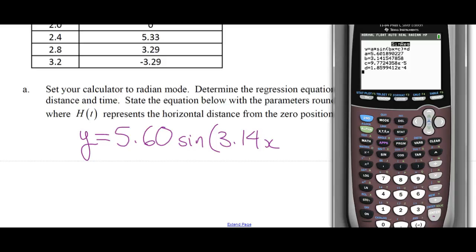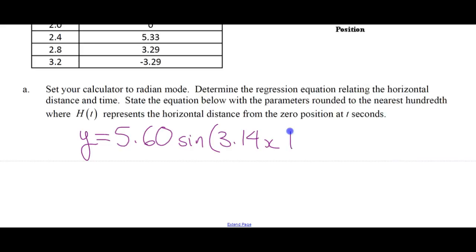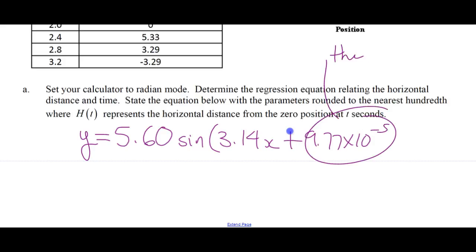It's really 0, right? Plus 9.77 times 10 to the negative 5. This is nothing. It's 0.000009. It's 0. There is no phase shift, which you wouldn't even see. You'd have to factor out the 3.14 to get the phase shift, actually left because it's plus.